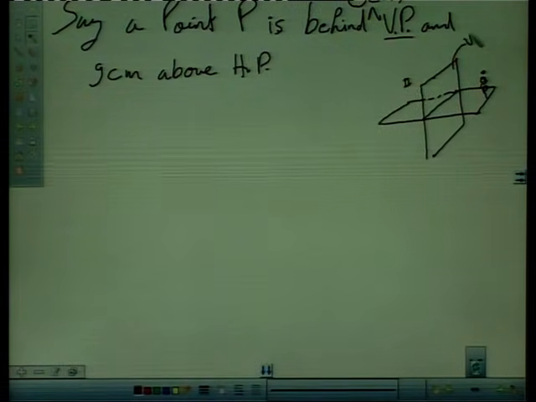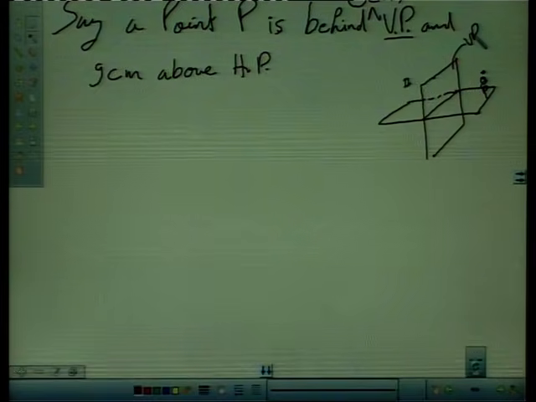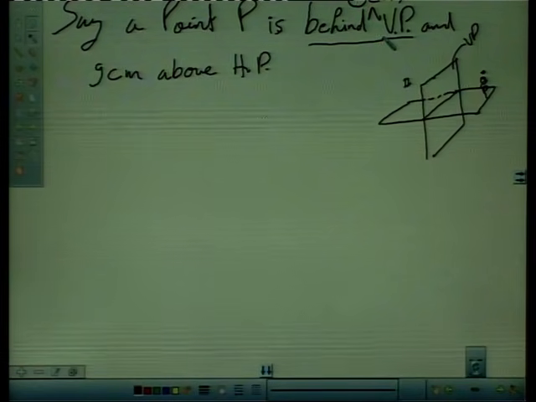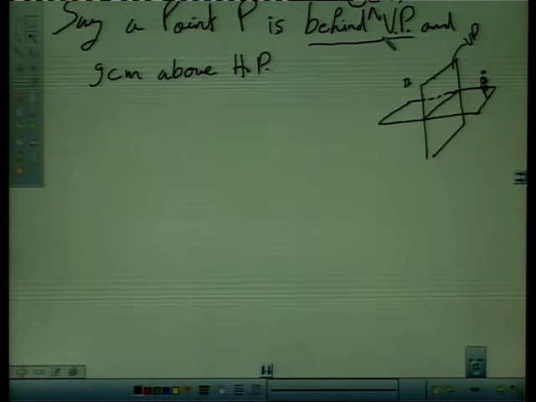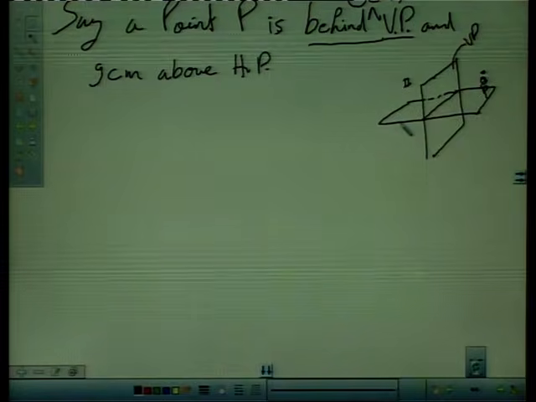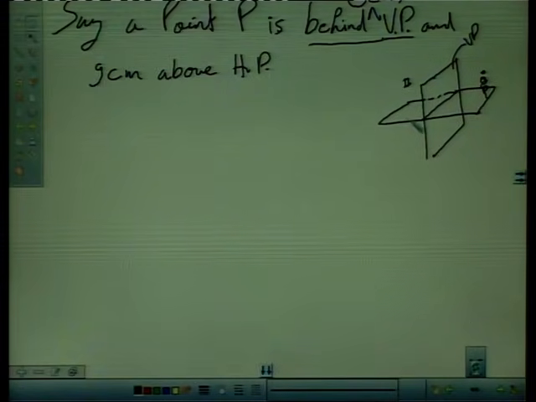As our point P is behind vertical plane, the point will go into second quadrant. And 9 centimeter above horizontal plane means this is horizontal plane, point is somewhere here. It is 9 centimeter from horizontal plane, say this is 9, and 5 centimeter behind vertical plane.